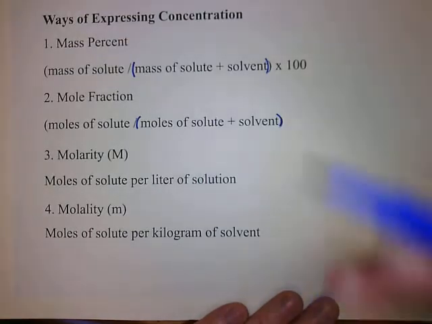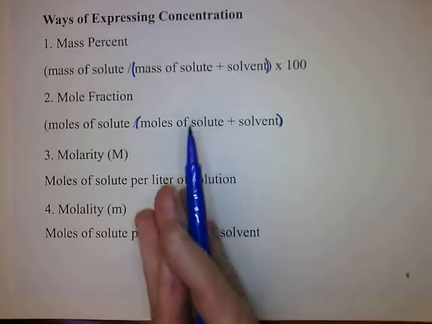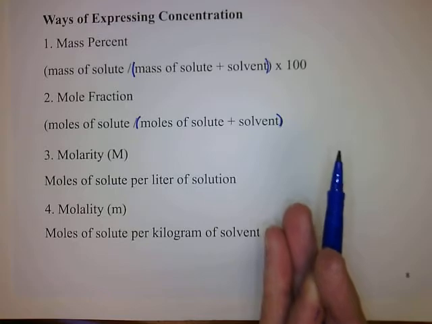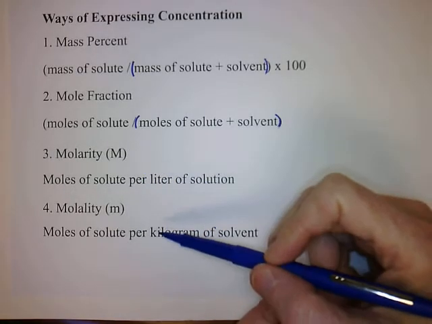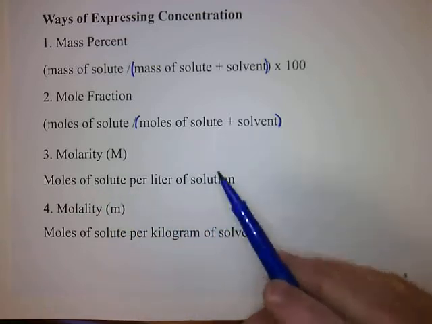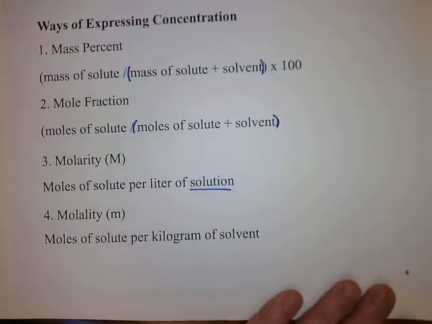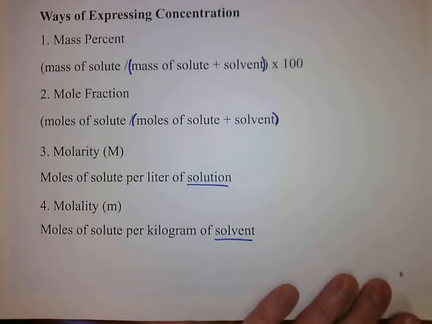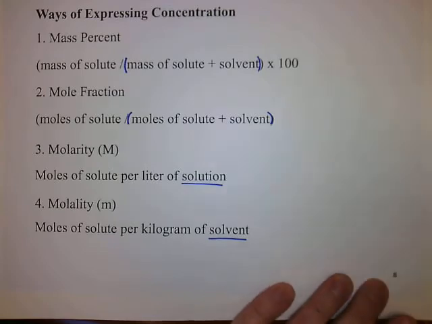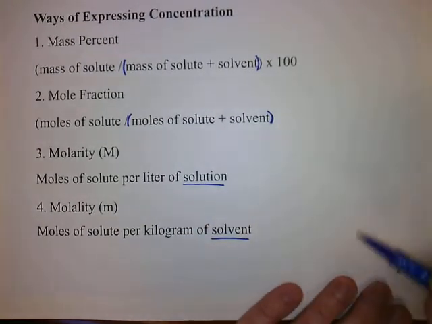Now, you might know that water has a density of 1 gram per mL or 1 kilogram per liter. And yet these are not the same thing, because this is per volume of solution, and this is per unit solvent. So what's the difference? Let's say you make a solution. What do you do when you make a solution?